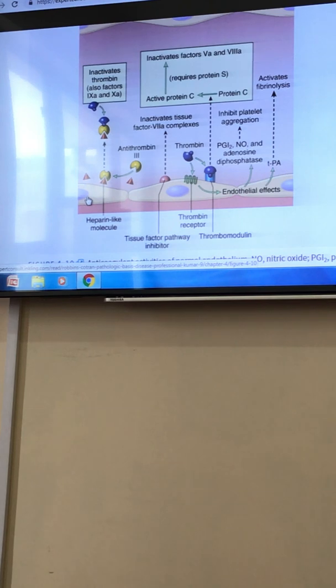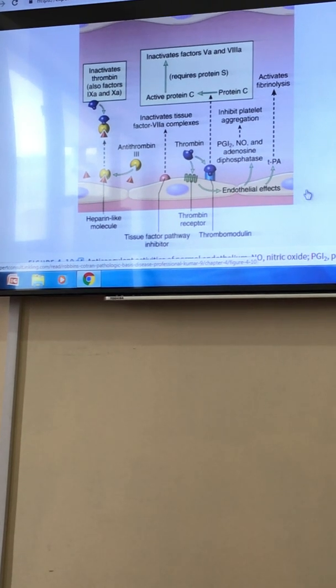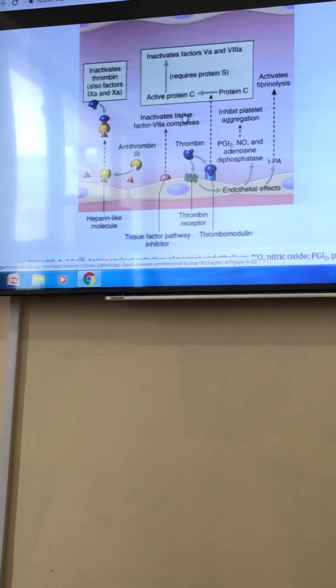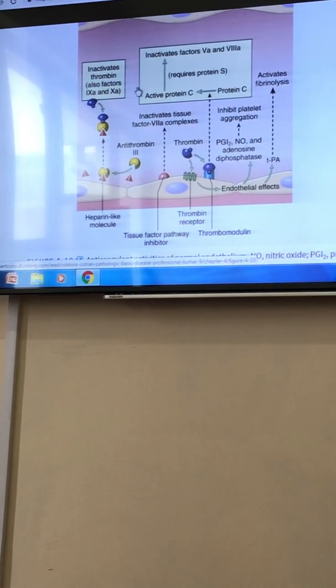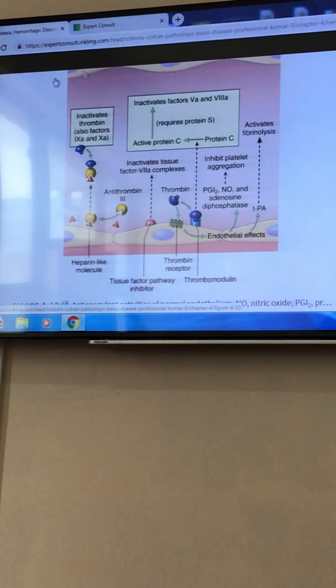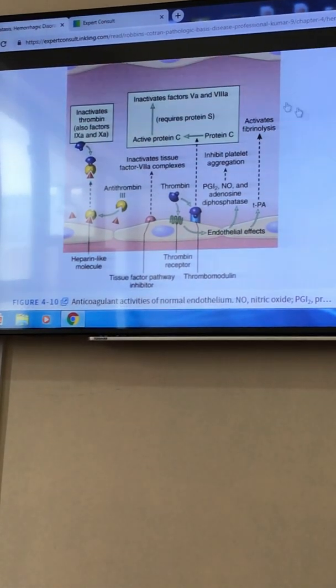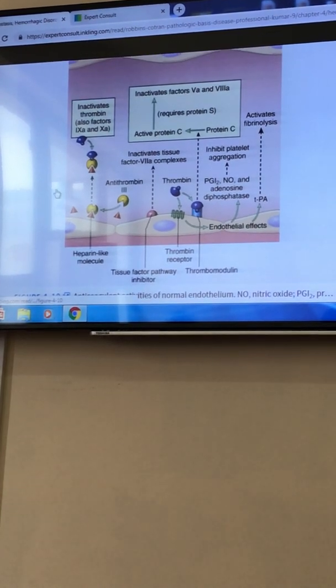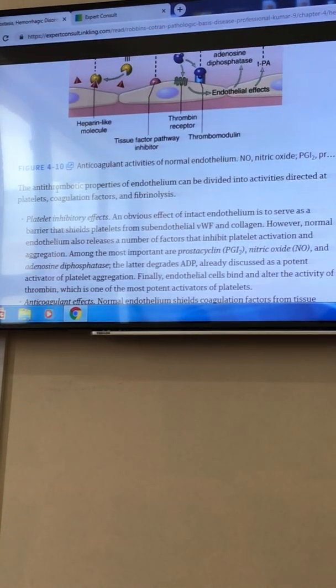So you see, endothelial cells have some molecules that can inhibit thrombin and some coagulation factors. So this should be present in order to control thrombin formation.